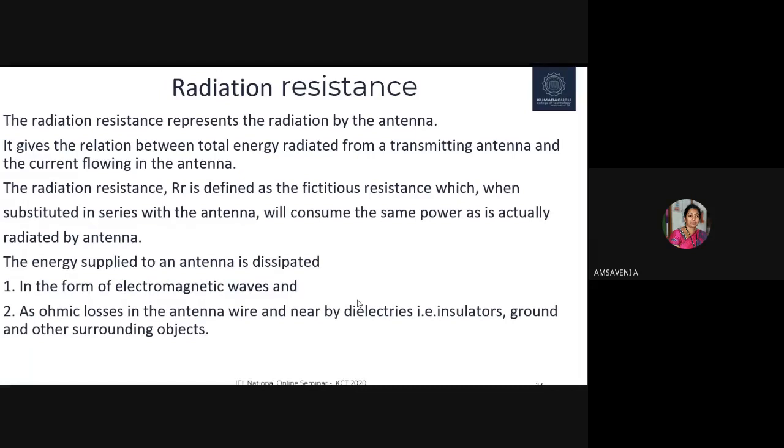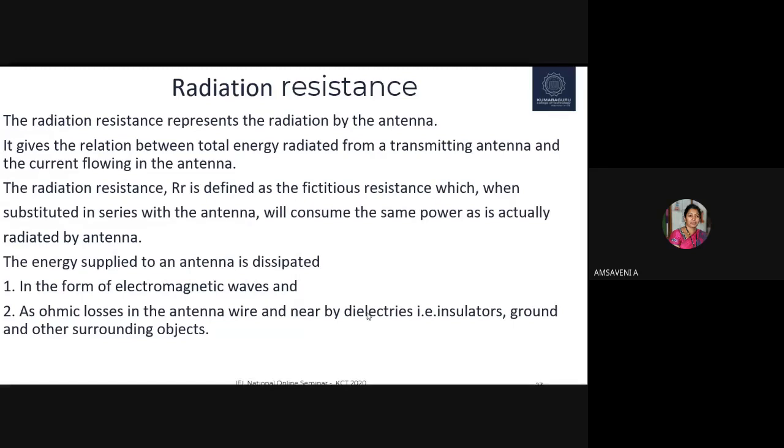Or you can define radiation resistance as a fictitious resistance which, when substituted in series with the antenna, will consume the same power as is actually radiated by the antenna. It's an imaginary resistance.